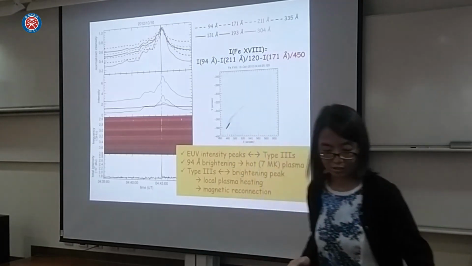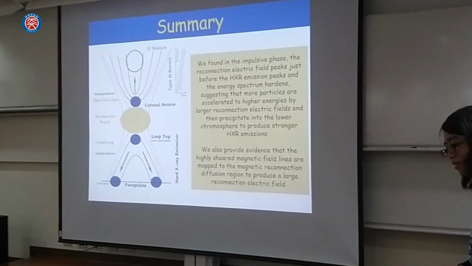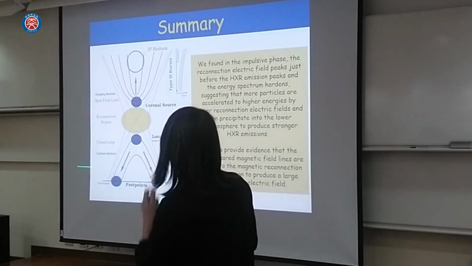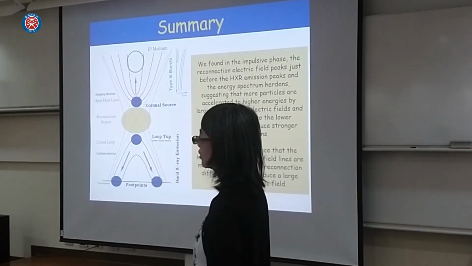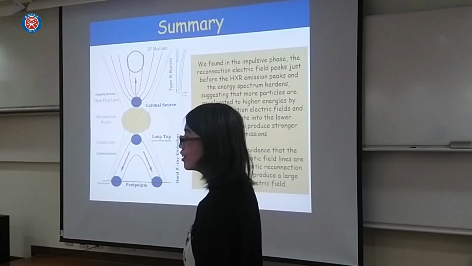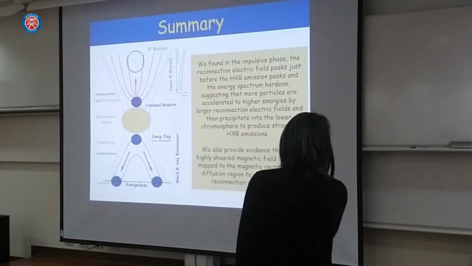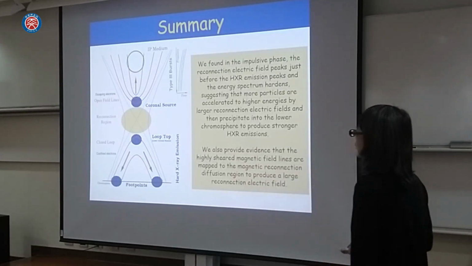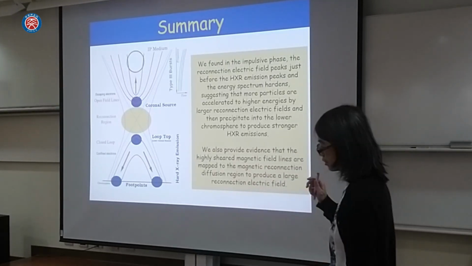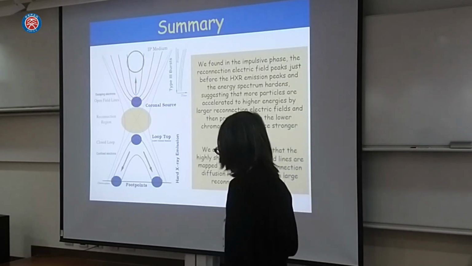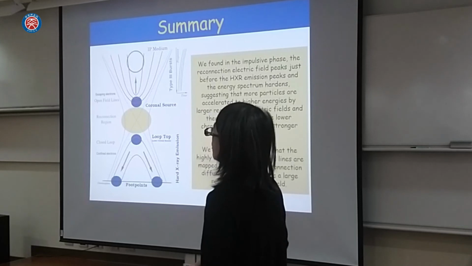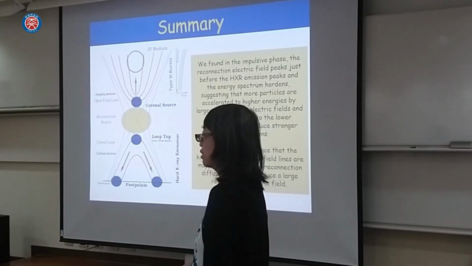Okay, so let's make some summary. First, we focus on the reconnection site, and we calculate the electric field, and we got a result consistent with the standard flare model.